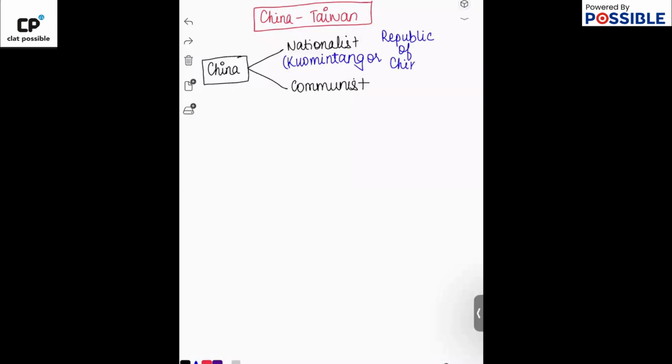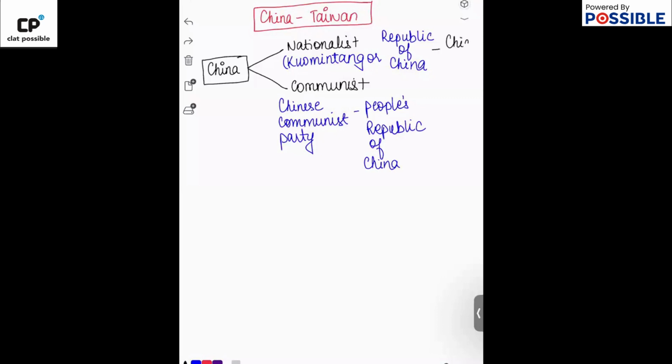If we talk about the Communist Party, this is basically the Chinese Communist Party, also called the People's Republic of China. Now, who was leading the Kuomintang party? This was being led by a man called Chiang Kai-shek. And who was leading the Chinese Communist Party? This was being led by somebody called Mao Zedong.